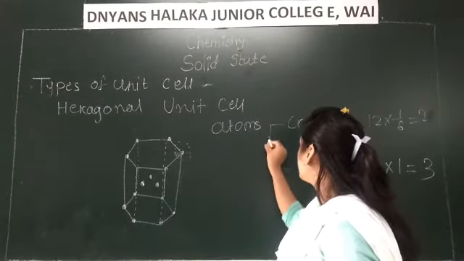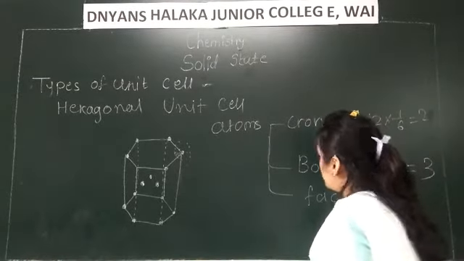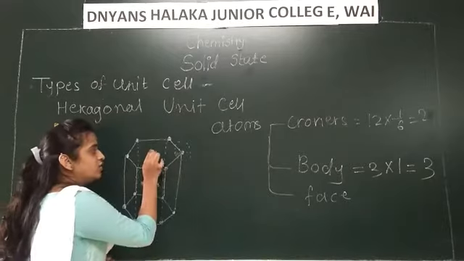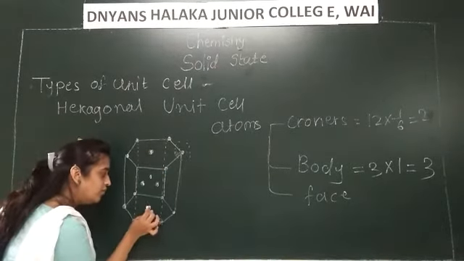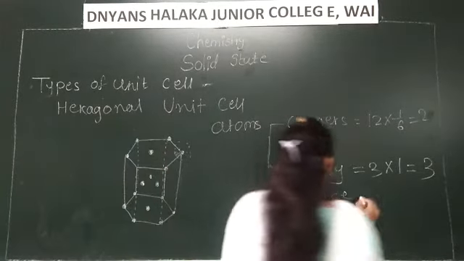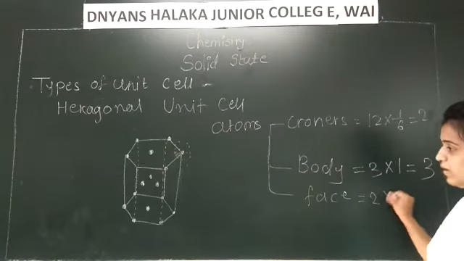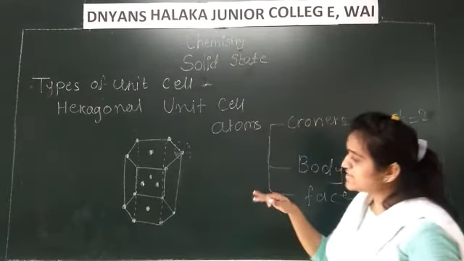Next, last, face. In this face, two opposite faces: one sphere is situated in the upper face and one sphere in the downward face. Means two spheres, but each sphere has half portion inside the cube.